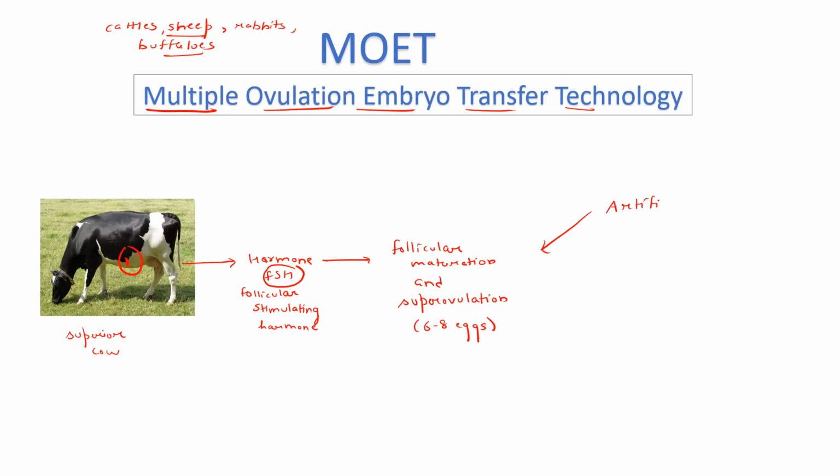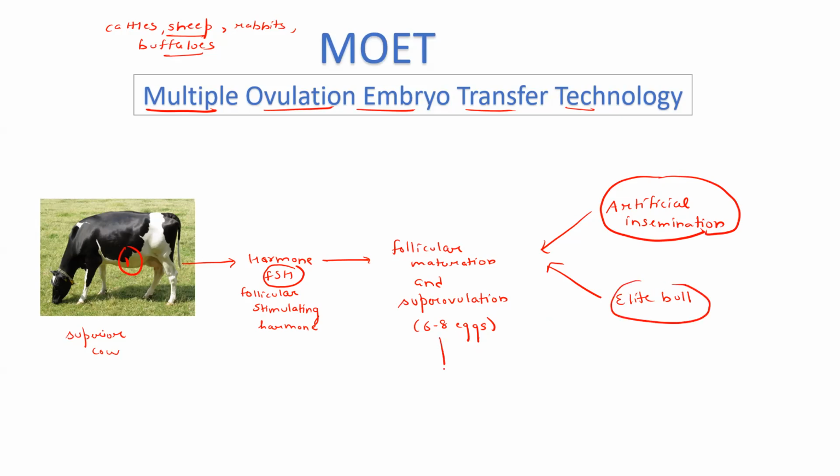Now we will inject her with semen by artificial insemination, or naturally by a live bull. After follicular maturation or superovulation and release of ova, we will introduce sperms artificially by artificial insemination, or naturally by a live bull.